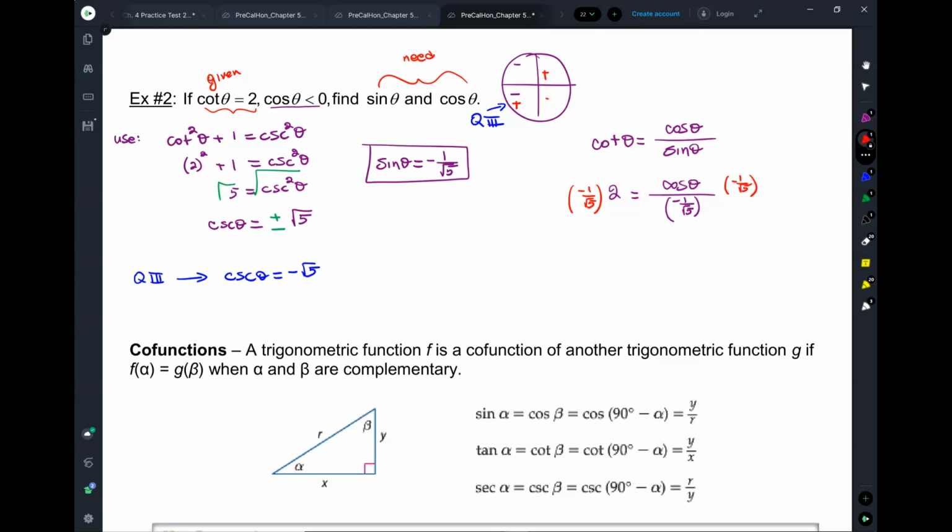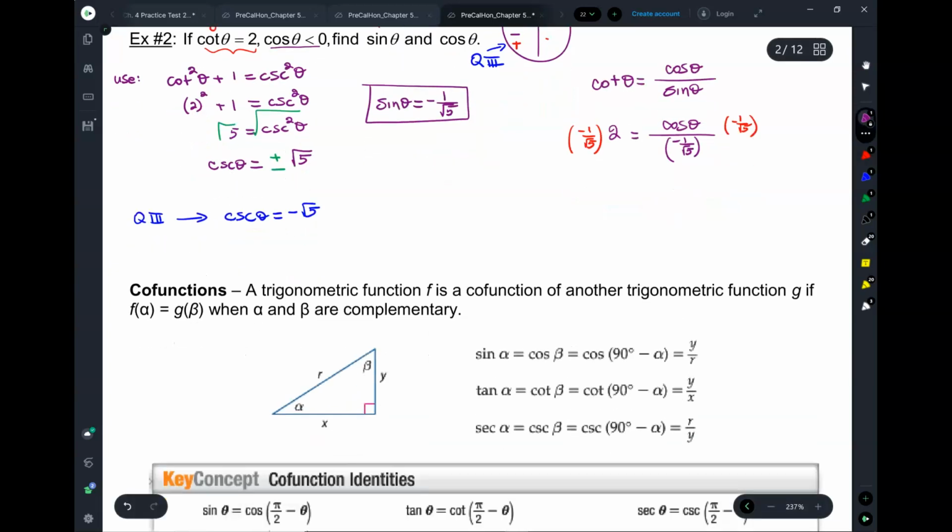Because really what you have here, okay, so look, if you had like 2 equals cosine theta over 3, what would you multiply by? You would multiply by 3. If you were solving for cosine theta here, what would you multiply by? Here, you would multiply by 3, right? Exactly, it's only confusing you because you've got a fraction in the denominator.